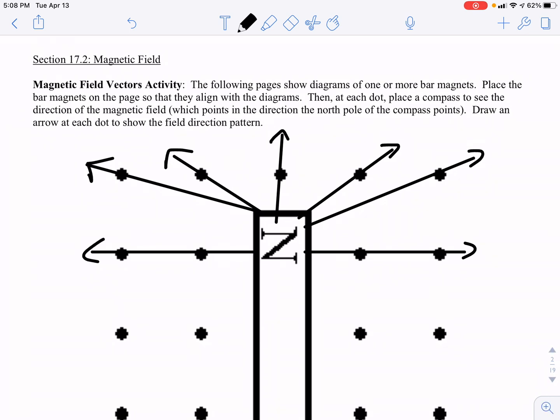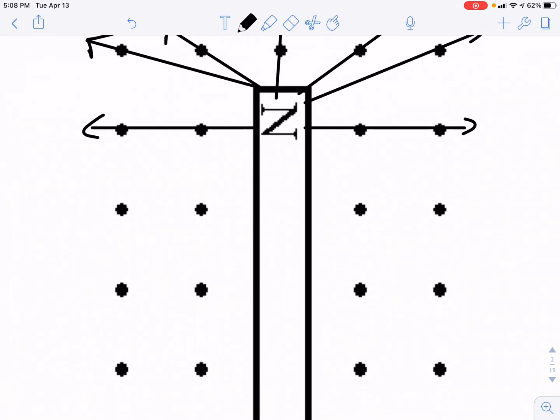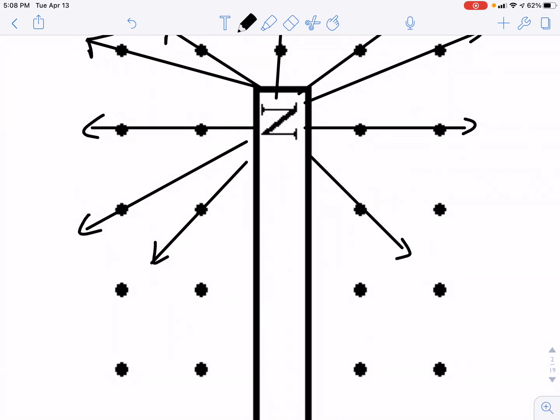Okay, drawing out, spreading out away from the North Pole of the magnet. And we're also going to draw them pointing in this direction as well.